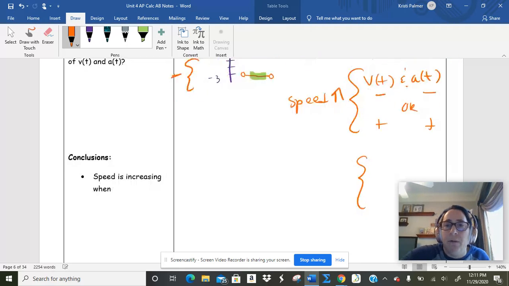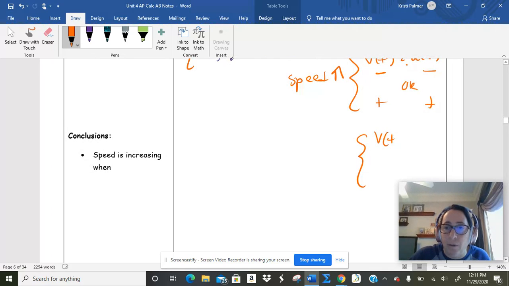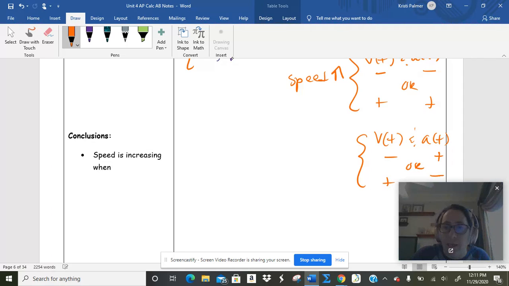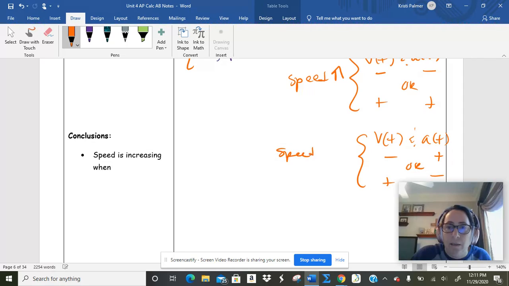And if I have V of t and A of t with opposite signs, so I could have negative positive or positive negative, that's when speed is decreasing.